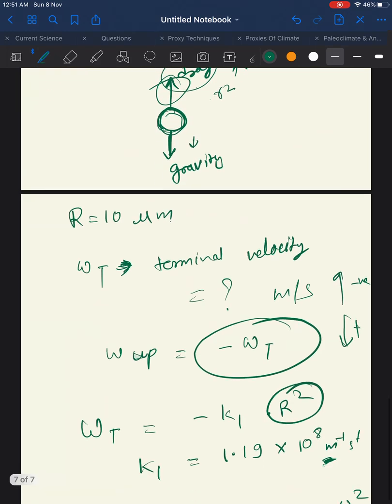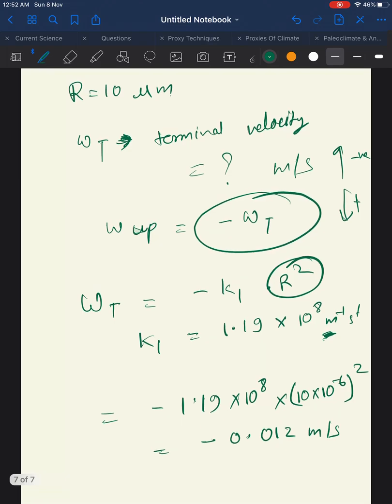So this is in meter per second. This is the updraft velocity which is needed, because Wt is equal to Wup. Since it is negative, Wup becomes positive, right? Wup is equal to 0.012.